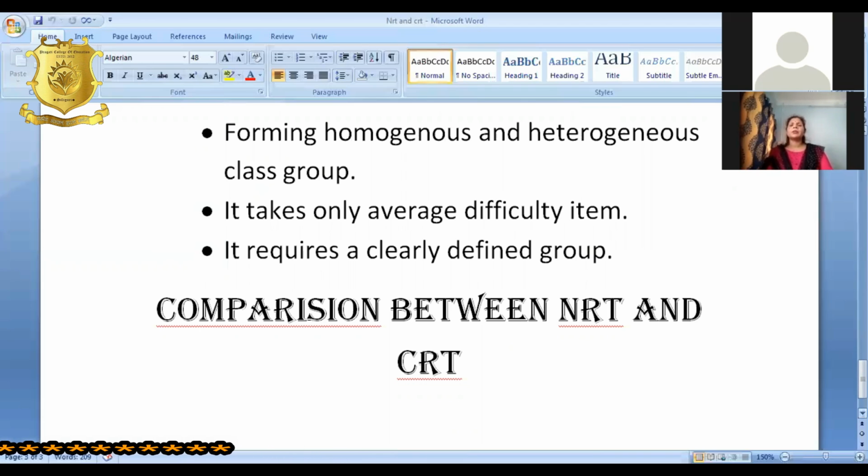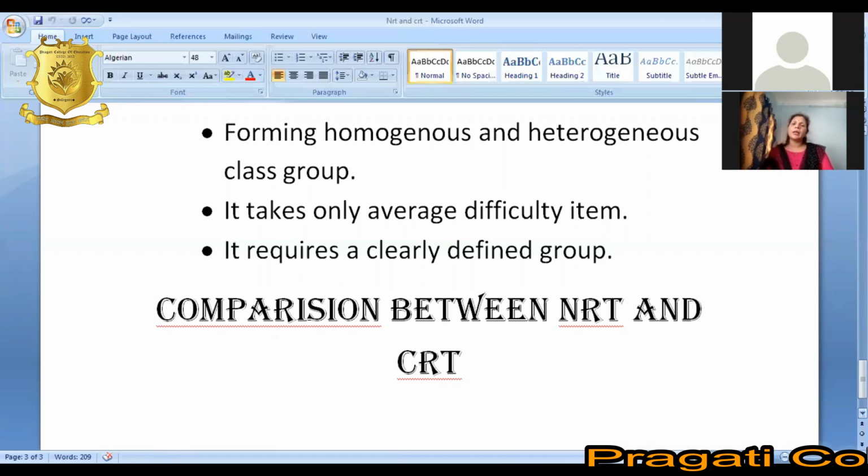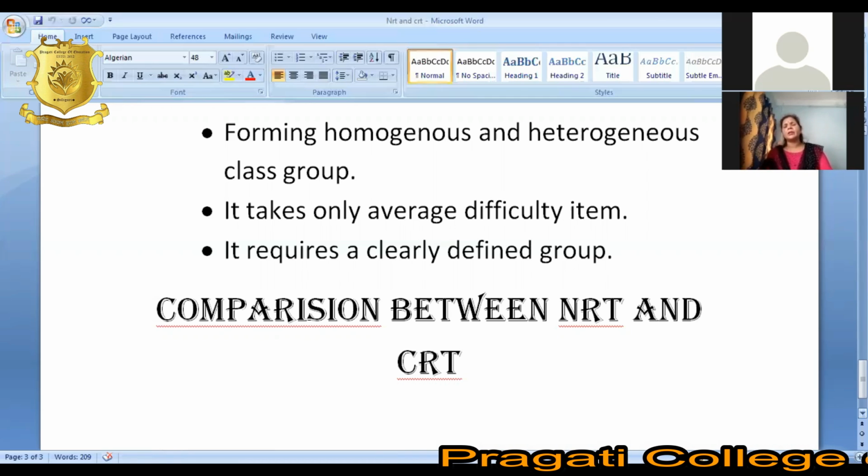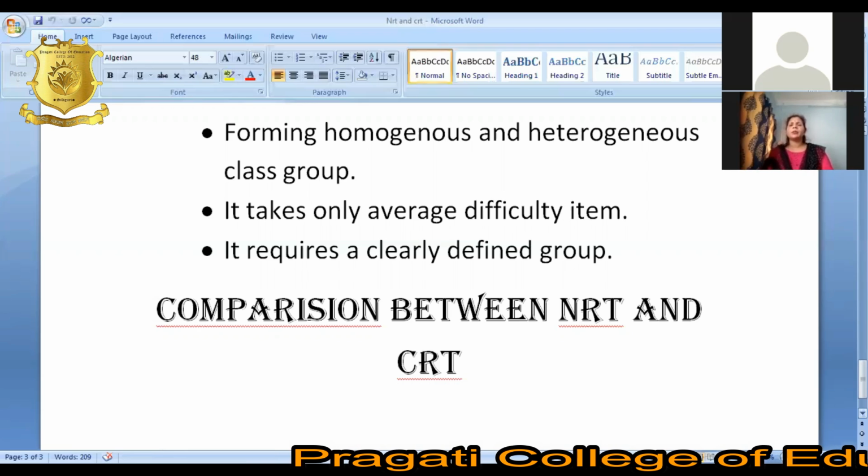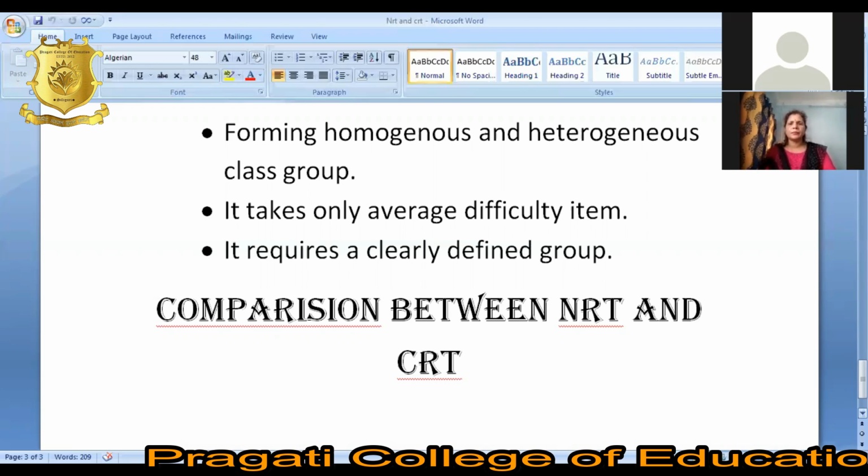These points are similar in both NRT and CRT. Number two is, in some cases, the both tests are complementary to each other. That means in place of a CRT test, you can also use an NRT test, or in case of an NRT test, you can also use a CRT test.